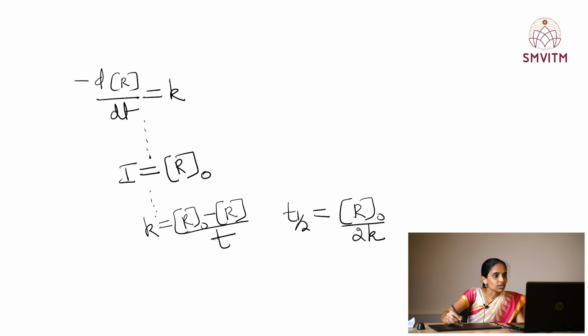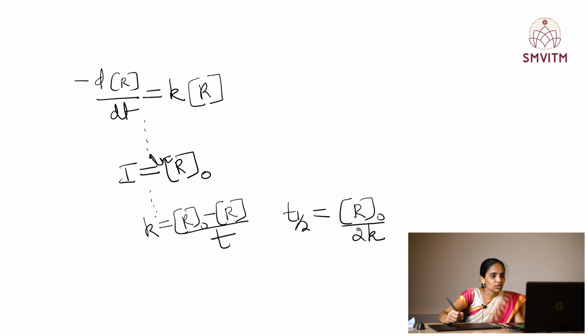Then for first order, you have an additional term along with k, that is ln [R], and the integration constant is ln of [R]0, or natural logarithm of [R]0.